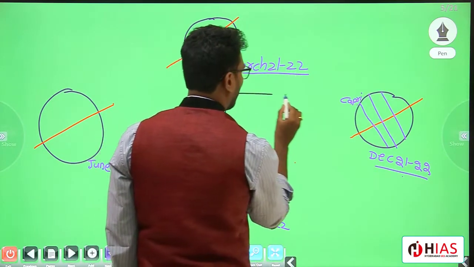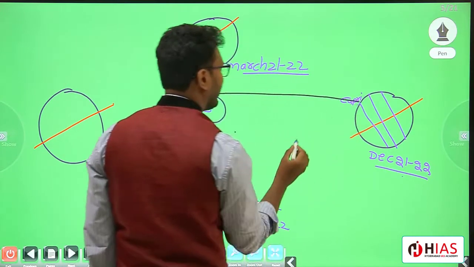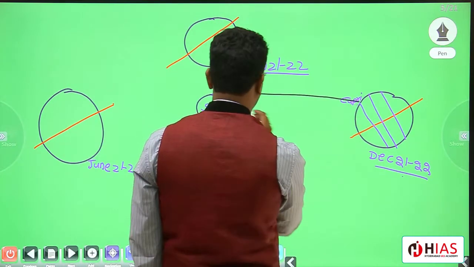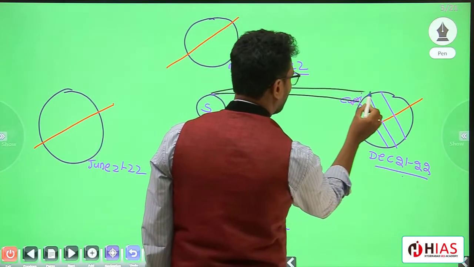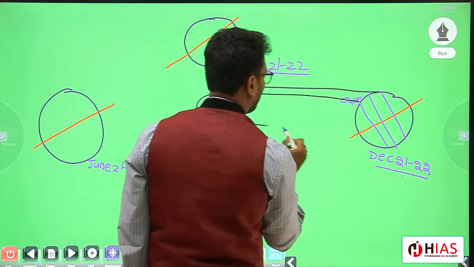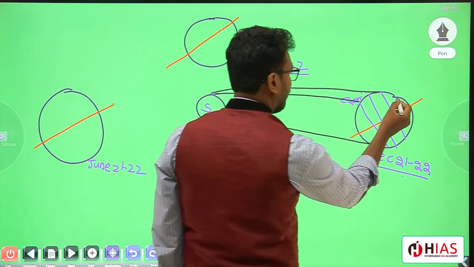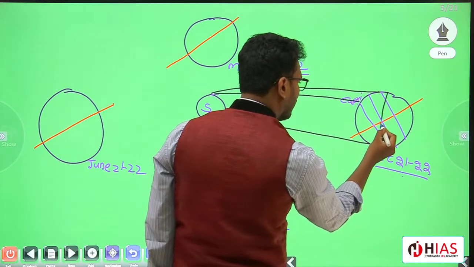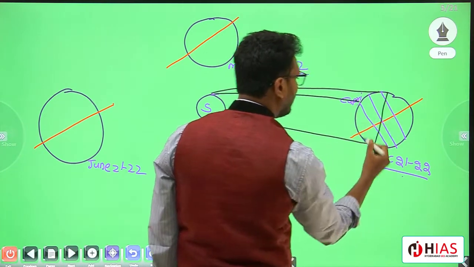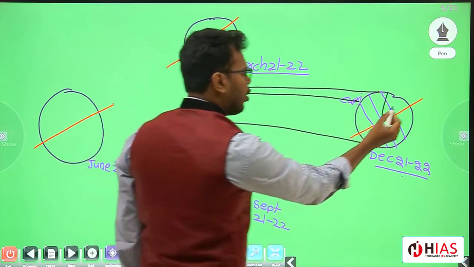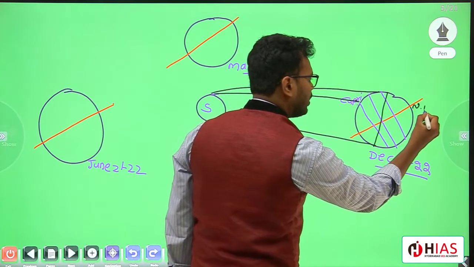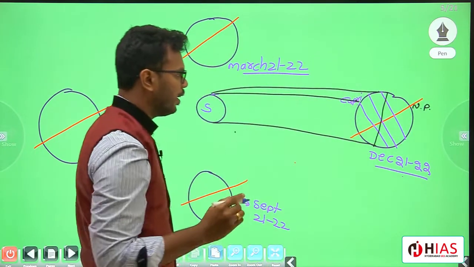The sun's rays are directly falling at a place called the Tropic of Capricorn, and also reaching this place and this place. Exactly this half part is completely under the influence of the sunlight. But this part, the North Pole, is completely away from the influence of the sunlight.